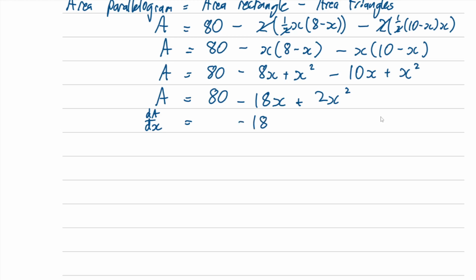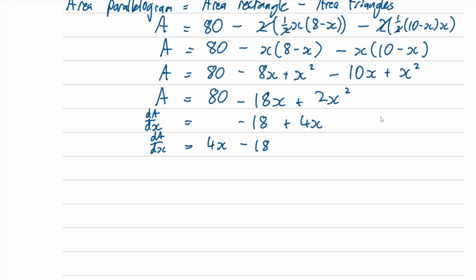And derivative of 2x squared is 4x. Right, so that is our gradient function. Or we could write that as 4x minus 18, just more conventional with the x term first. Okay, so that's our gradient function.